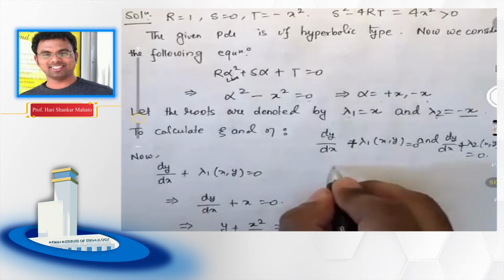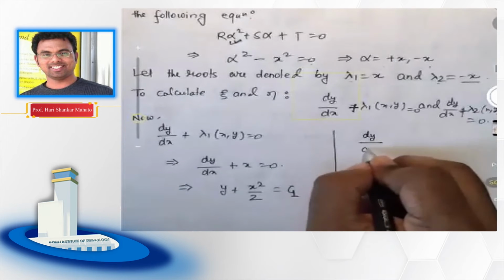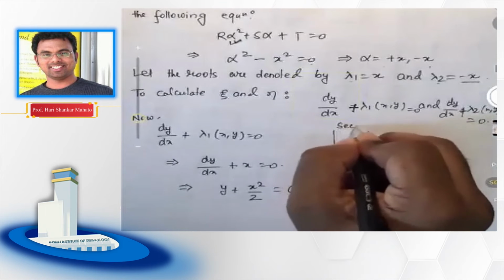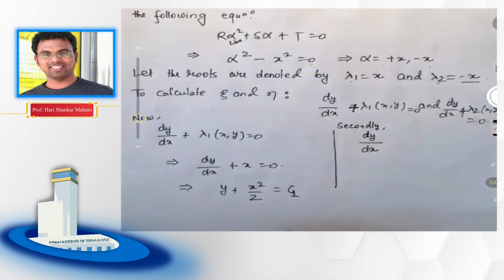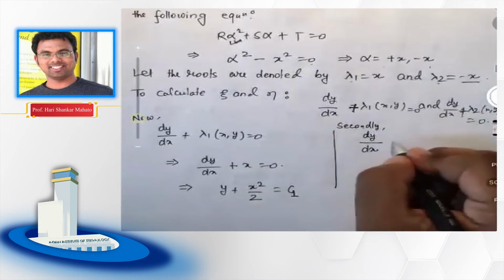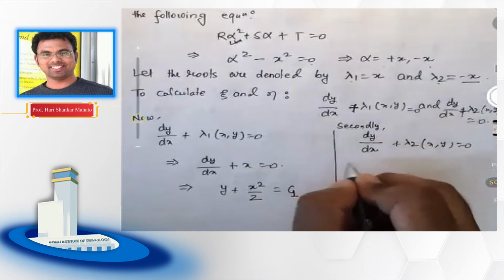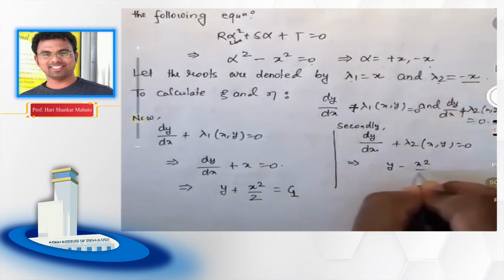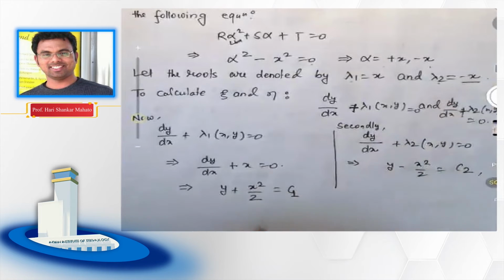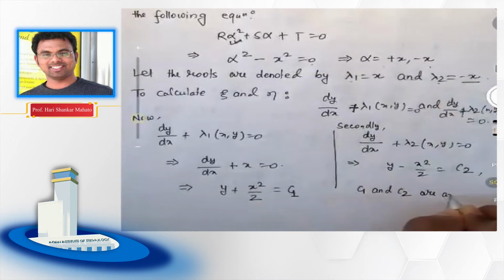And if I take dy/dx plus lambda 2, this will be minus of x. So I will get y minus x square by 2 equals to c2. Remember, c1 and c2 are arbitrary constants.